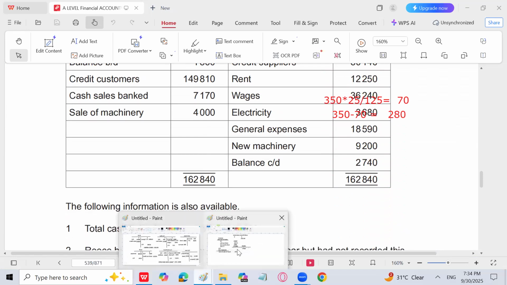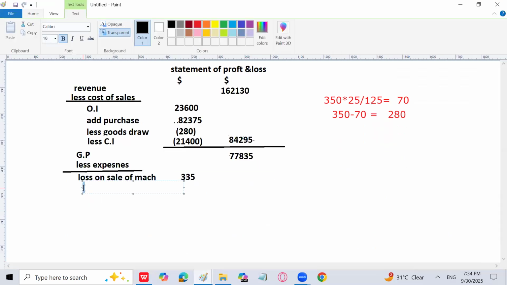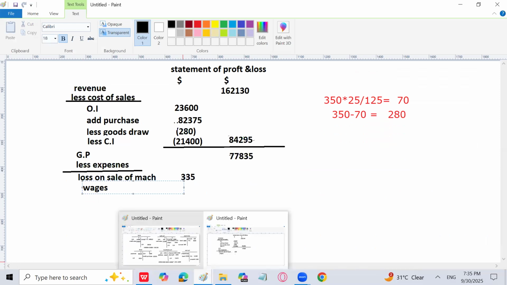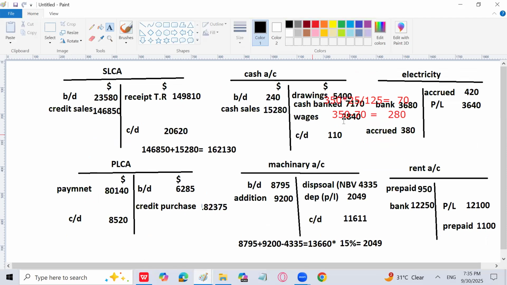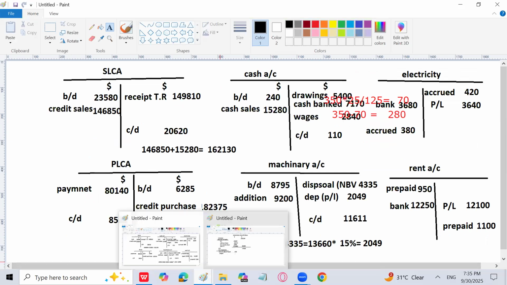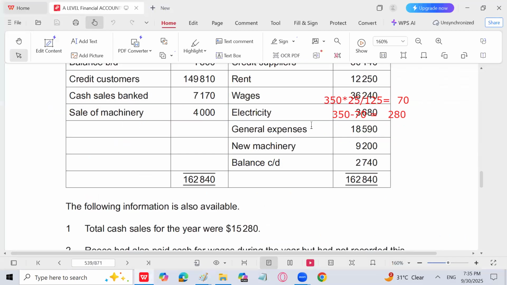Let's go for the wages. There are two types of wages. One is the wages paid in cash, and we have calculated its amount, 2840. And there is another wages given in the question, through bank, we have paid 36240.